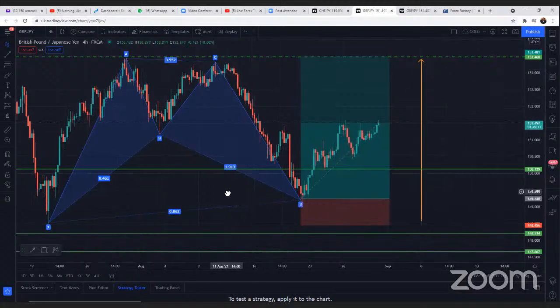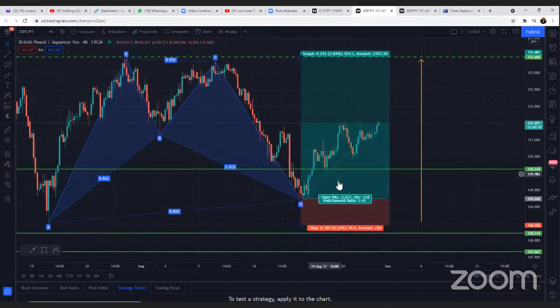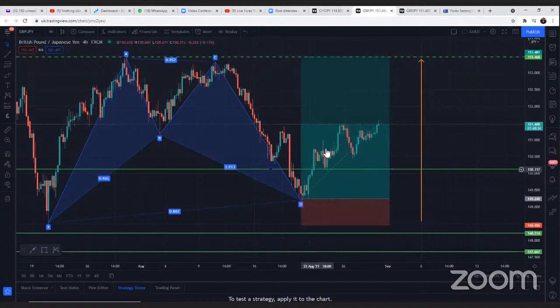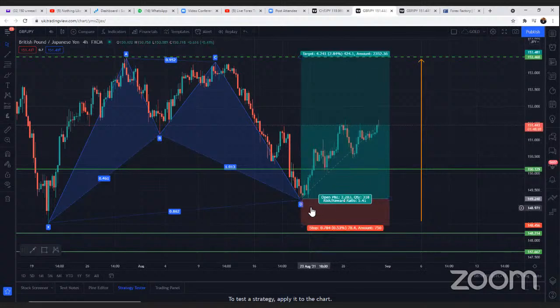So basically, if I was to take 10 of these trades with a risk reward of 1 to 5, and I was to lose 1, it means I've lost 1. If I was to lose this trade, I've lost 1. But if I was to gain, I'll gain $5. Never mind me interchanging dollars and pounds.